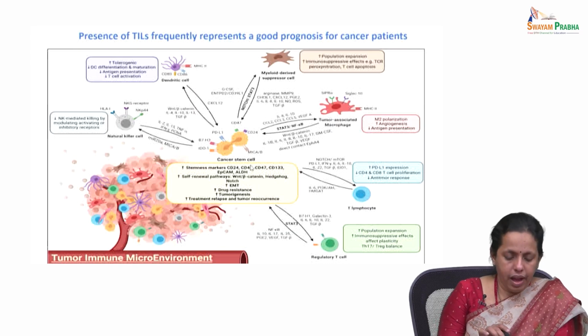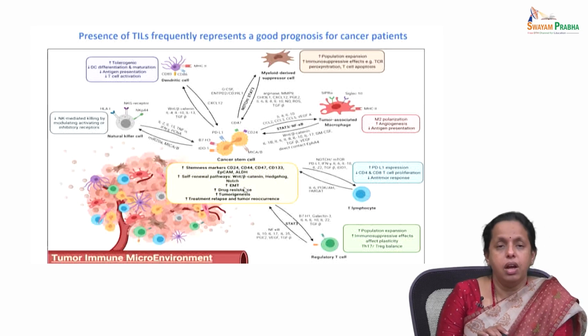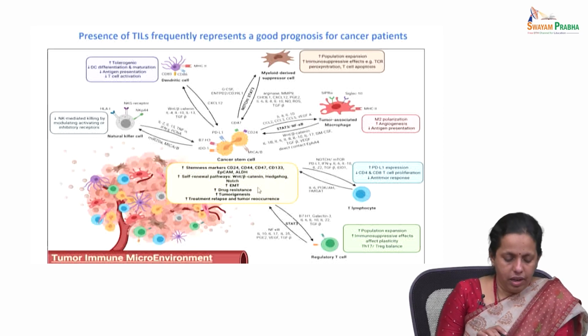Here you even have the cancer stem cells, which have stemness markers such as CD24, CD44 and CD47. Then you have the self-renewal pathways which are activated, such as WNT, beta-catenin and hedgehog, then an increase in EMT.